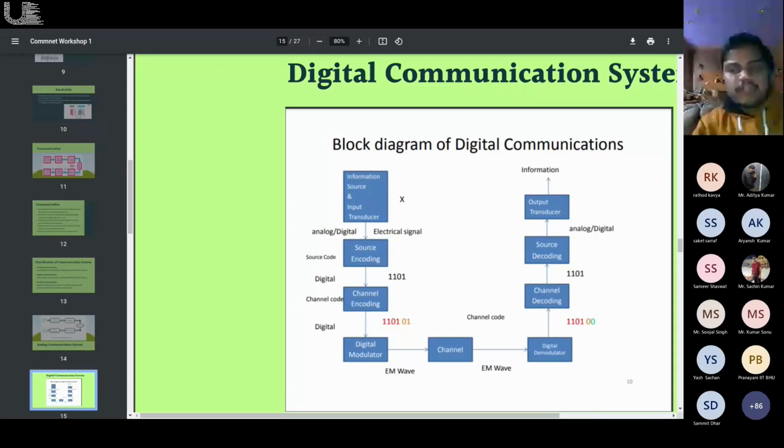Then it goes to the digital demodulator, which converts the electromagnetic wave back to binary. Then channel decoding, then source decoding. From that we get analog or digital: if initially we had analog, we get analog; if in the beginning we had digital, we get digital. Okay, understood?